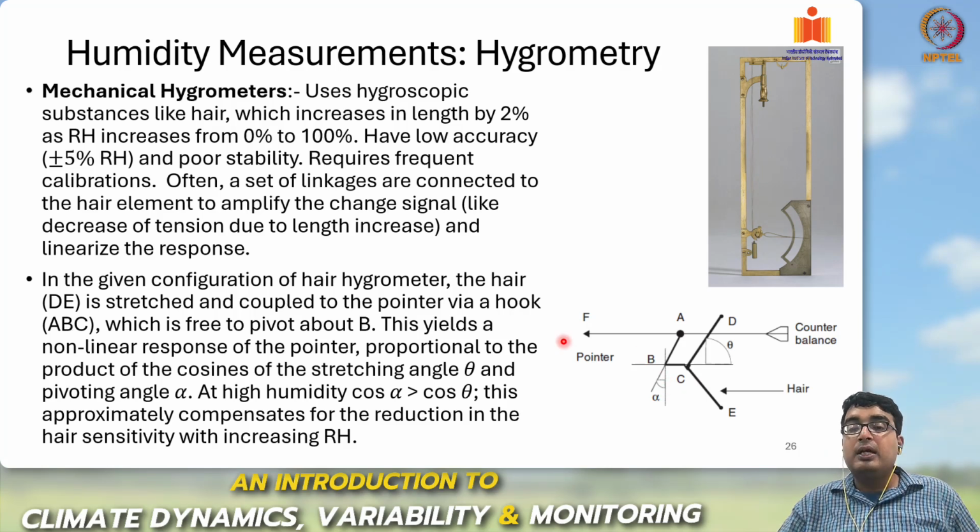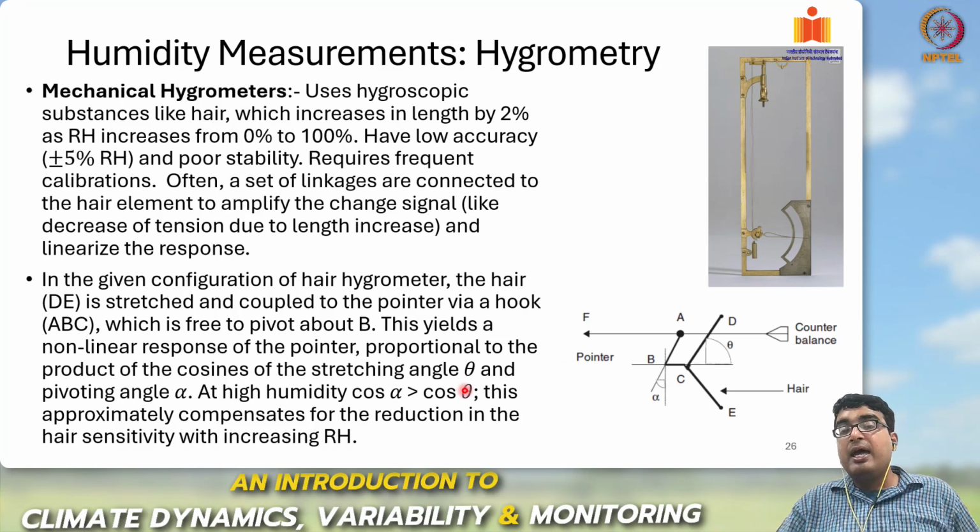This yields a nonlinear response of the pointer proportional to the product of the cosines of the stretching angle theta and the pivoting angle alpha. So, the pointer response is proportional to cos theta cos alpha.